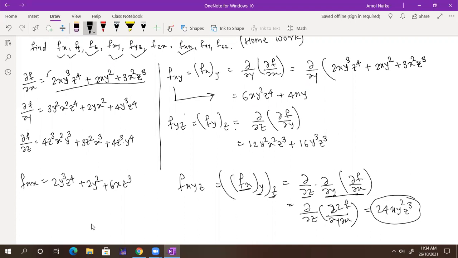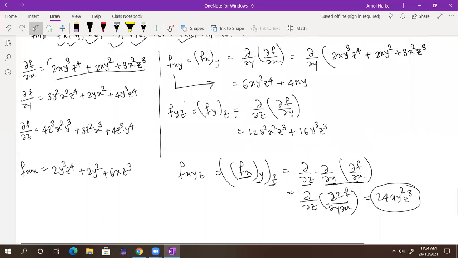Got it? Can you repeat this one? Again, okay, no problem. We need to calculate f of x, y, z, the partial derivative. By the definition, firstly you need to differentiate with respect to x, then with respect to y, then with respect to z. So I write it down using our notation: first with respect to x, then y, and then z.